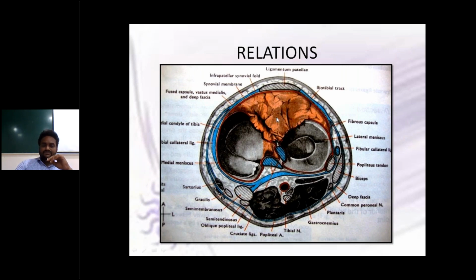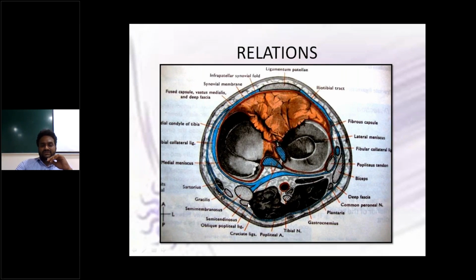These are the anterior relations. Posteriorly, it is related to the oblique popliteal ligament, popliteal vessels and tibial nerve, and also the origin of the gastrocnemius muscle, the 2 heads of the gastrocnemius. These are the posterior relations. And medially it is related to sartorius, gracilis, semimembranosus, and semitendinosus.